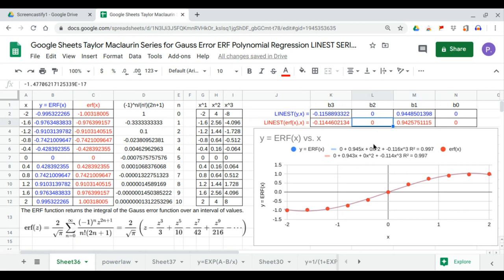Our B2 is also 0. Our B3 is negative 0.11446, rounded up as negative 0.114. This completes the polynomial regression of the error function and its Taylor Maclaurin series expansion.